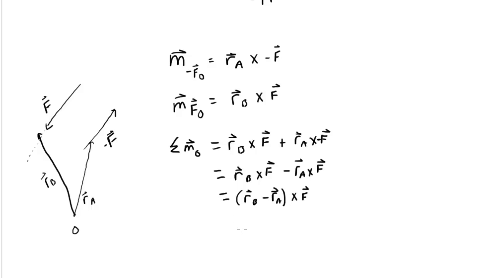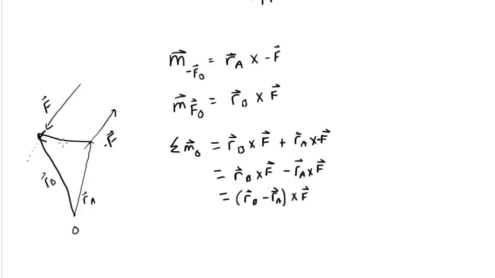cross F, right? So let's talk about this RB minus RA. What does that mean? If I have a vector RB and I subtract from it RA, what am I describing there? It's telling me how to get from that point to another point.